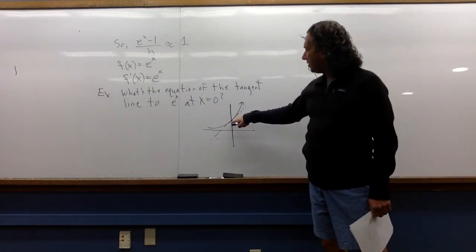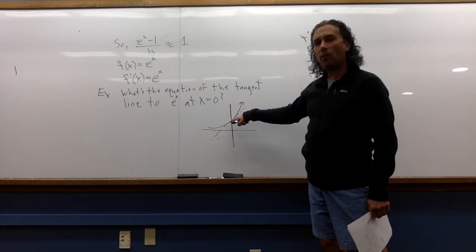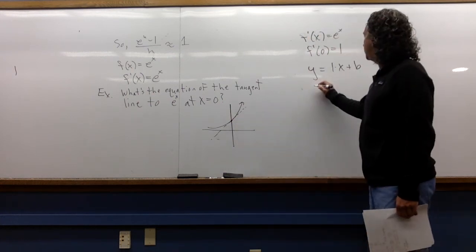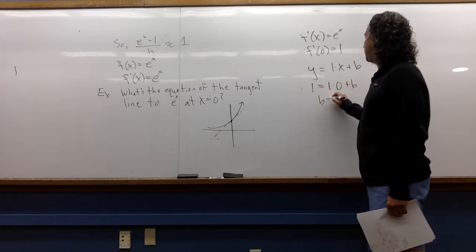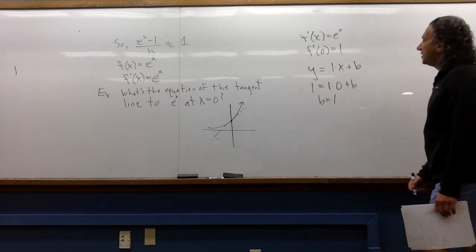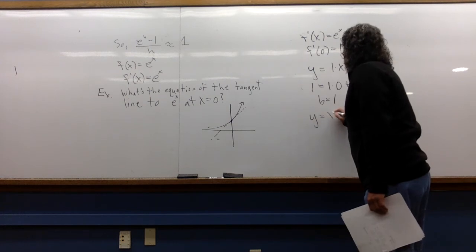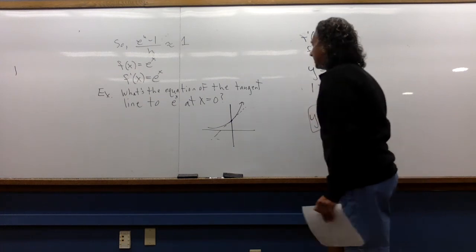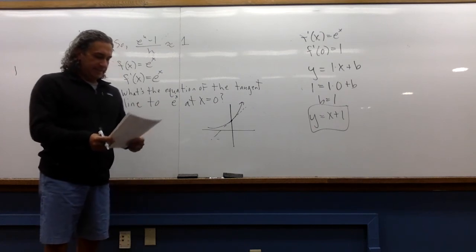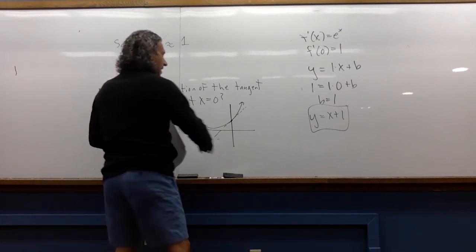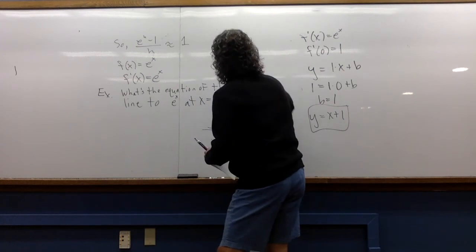Well, this line goes through the point (0, 1), by what we talked about earlier. So 1 is equal to 1 times 0 plus b. So I guess my b is 1. So I guess that line is just y equals x plus 1. Right, so that's the derivative of e to the x.